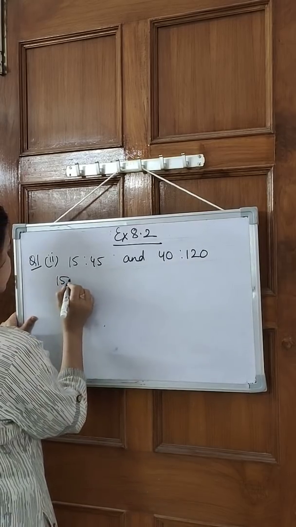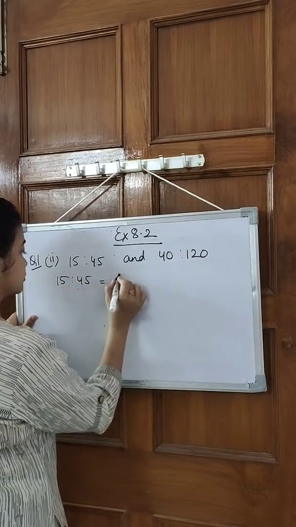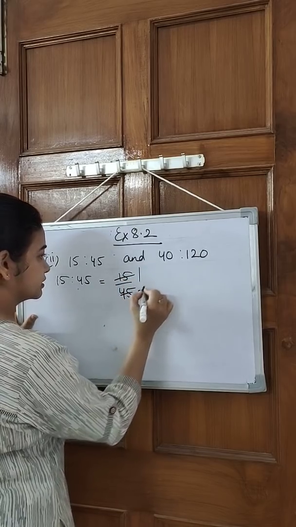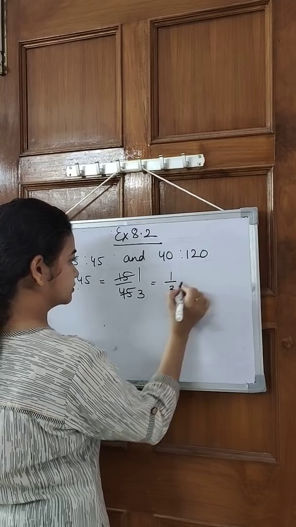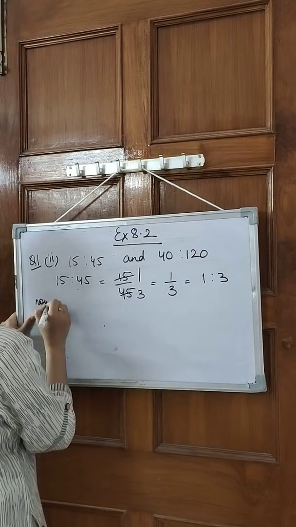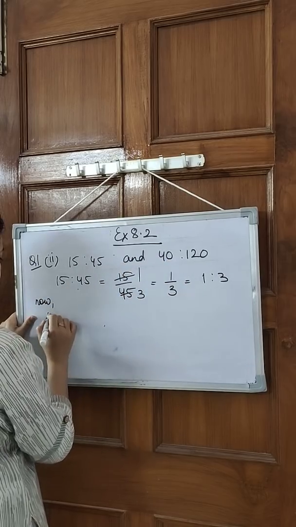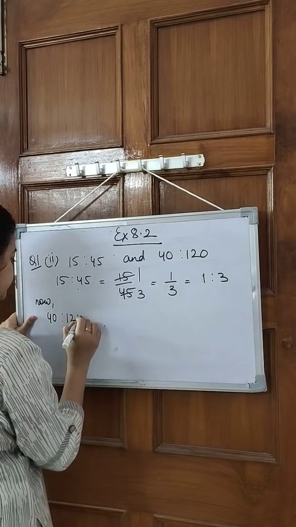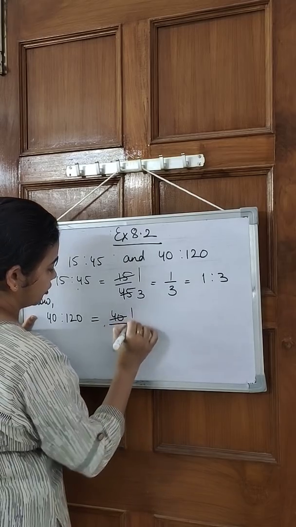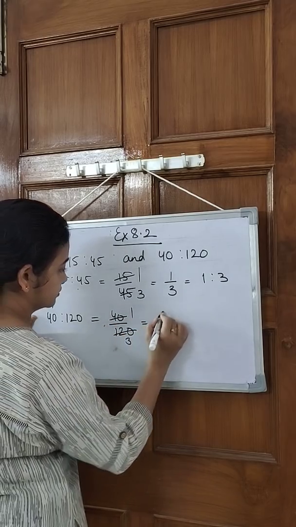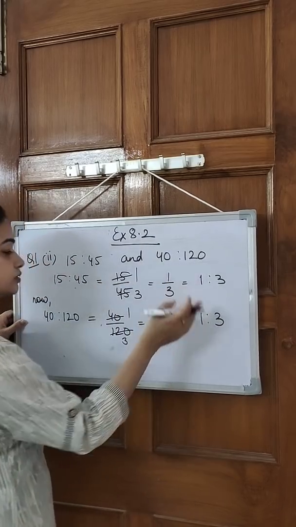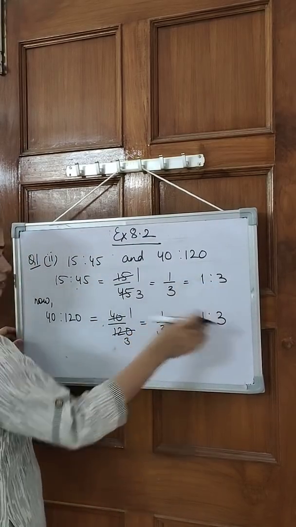So 15 is to 45 is actually 15 upon 45. 15 ones are 15, 15 threes are 45, so 1 upon 3, 1 is to 3. Now take the second part. 40 is to 120 is 40 upon 120. 40 ones are 40, 40 threes are 120, again 1 upon 3, 1 is to 3. Both the values are coming same, both the ratios are coming same.